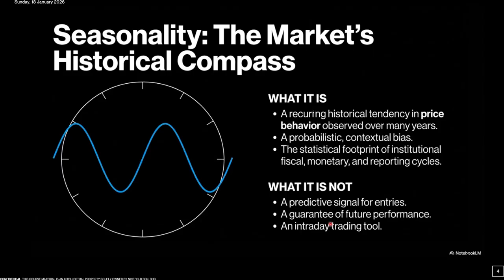Meaning that just because you're able to view, say, between May to July, bearish price delivery that was historically observed over many years, it doesn't mean within that particular year, last year for example, that it's a guarantee price would deliver bearish from May to July.